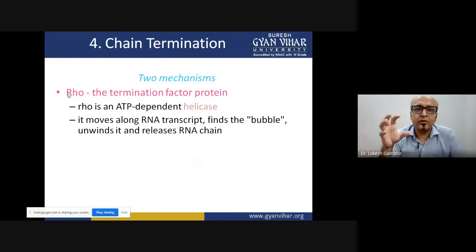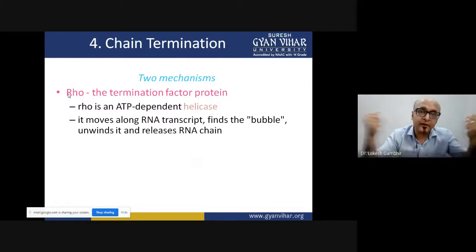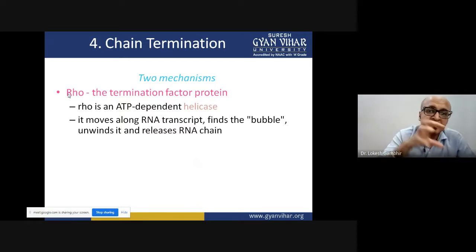This Rho is a kind of helicase enzyme which requires ATP to open up a double strand structure. If this protein is involved in termination, then we call the process Rho dependent termination of transcription.